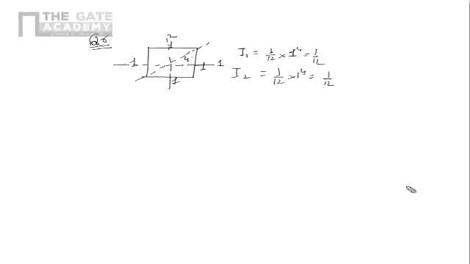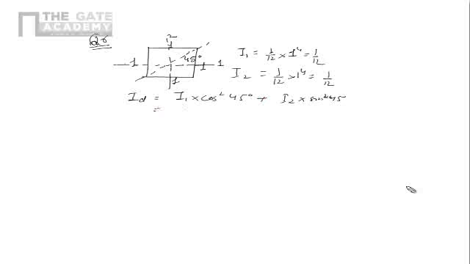The angle between the central axis and the diagonal axis is 45 degrees. So the transformation is I about the diagonal is equal to I1 into cos square 45 degrees plus I2 into sine square 45 degrees.